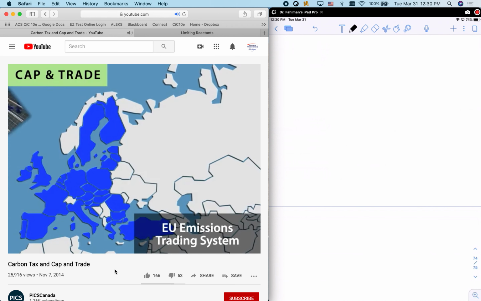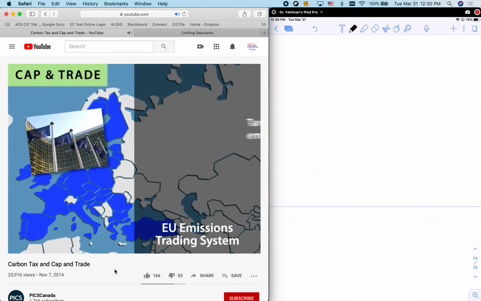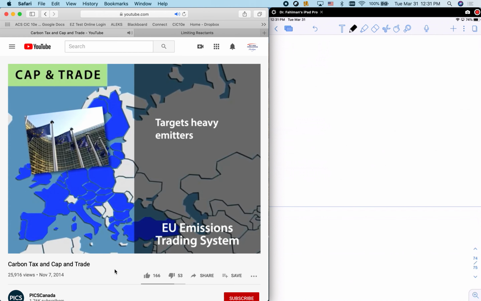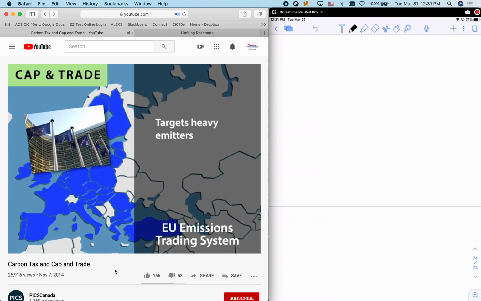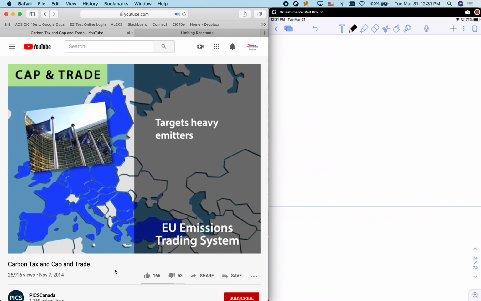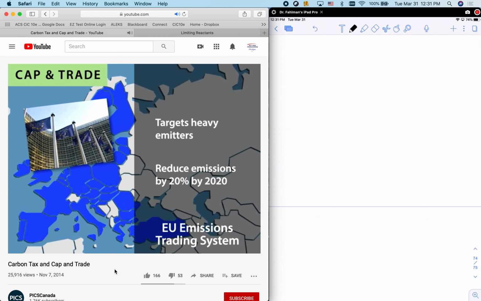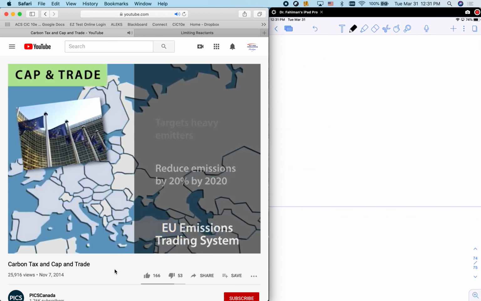The European Union Emissions Trading System is a good example of a cap and trade system that targets heavy emitters. Although the European system has been criticized for granting too many allowances when it was first set up in 2005, it is expected to reduce emissions by almost 20% by 2020.